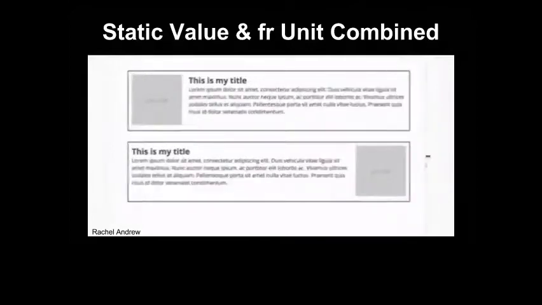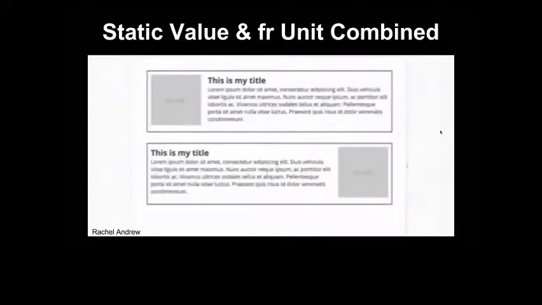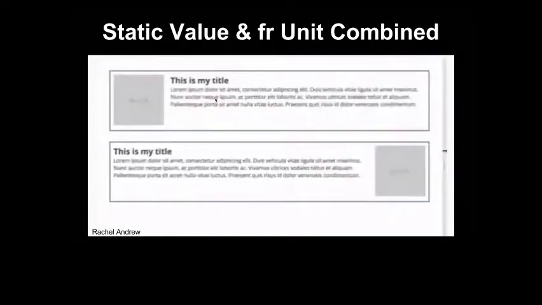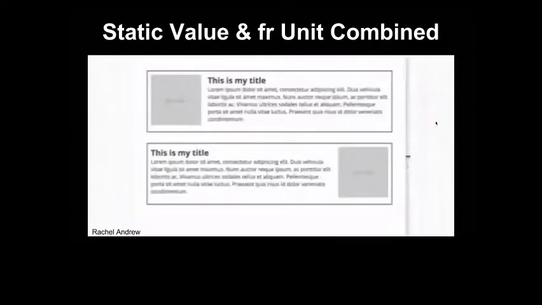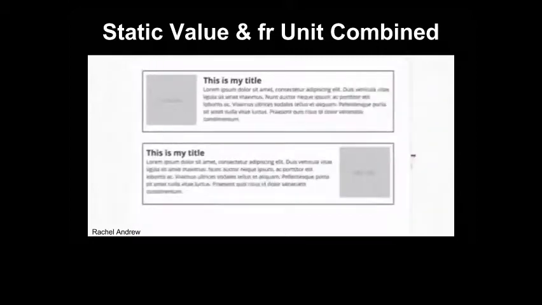But if you can control the size of that image by giving it a static value, and you can let the other space be used by something that looks really good growing and shrinking, like text, you have a responsive design that's much easier to maintain and has less headaches across devices.